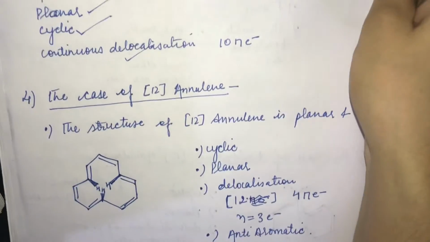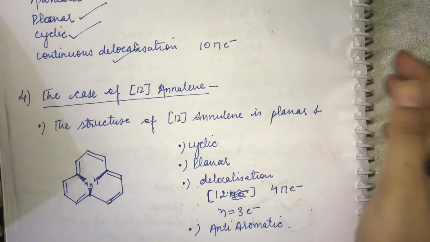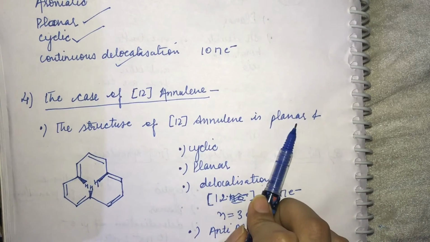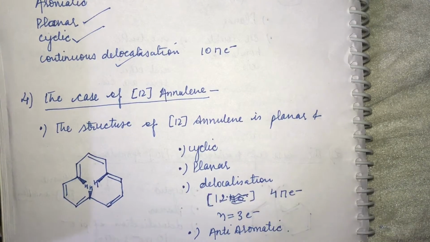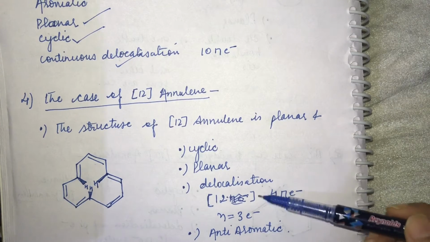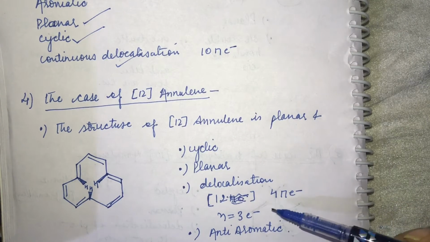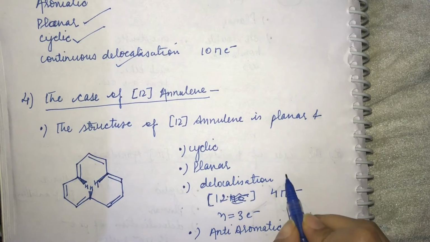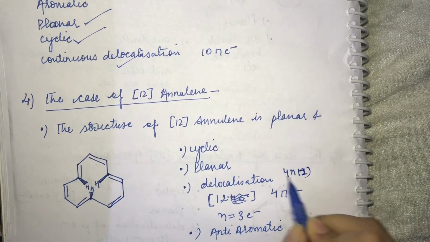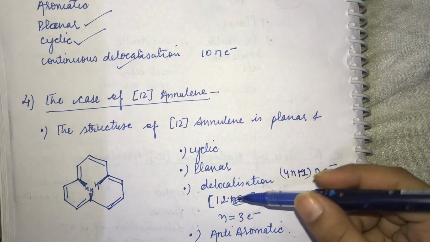Now we have the case of 12-annulene, in which the structure is planar, cyclic, and delocalization is present. But if we check Huckel's rule, 4n plus 2 pi electrons, we come to know that n is equal to 3 having 12 pi electrons.